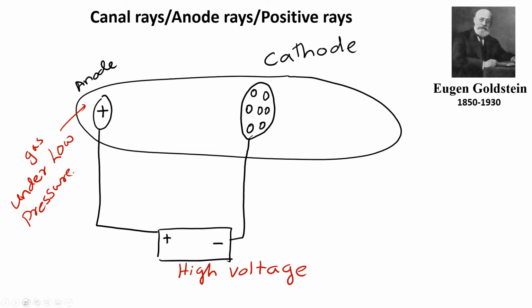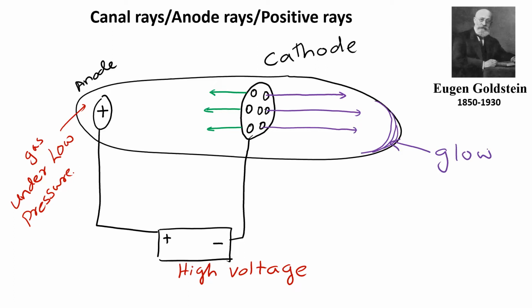And when he did that, he noticed the regular cathode rays. So the regular cathode rays started from the cathode and they moved towards the anode. But at the same time, he saw some other types of rays moving through these holes towards the end of the glass. He saw some other type of rays moving like this and creating some sort of a glow, like a brightness on the other end of the tube.